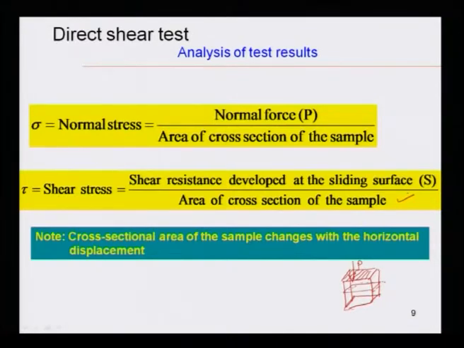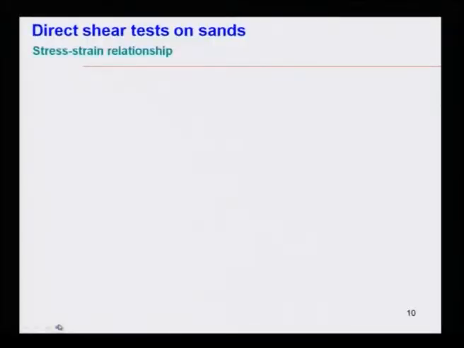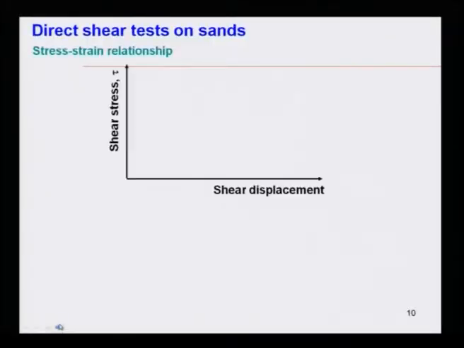The cross-sectional area of the sample changes with horizontal displacement, as I said. So area correction is required in the direct shear test when calculating shear stress.